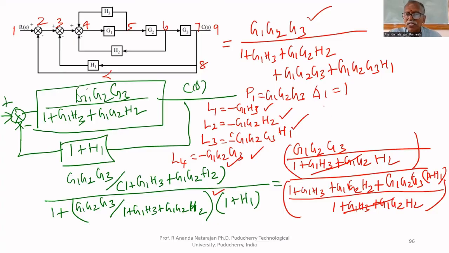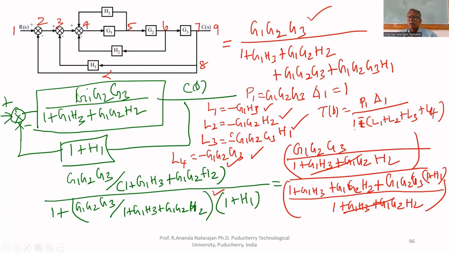Therefore, the final transfer function is T of S equal to P1 delta 1 divided by 1 minus L1 plus L2 plus L3 plus L4. All are negative. That's why automatically you will get positive.